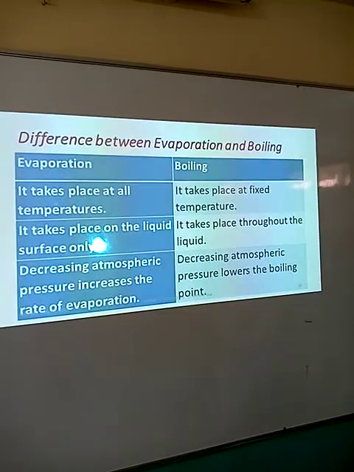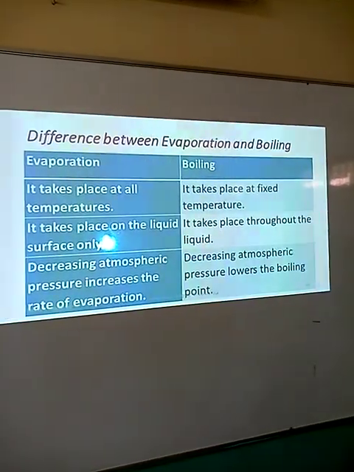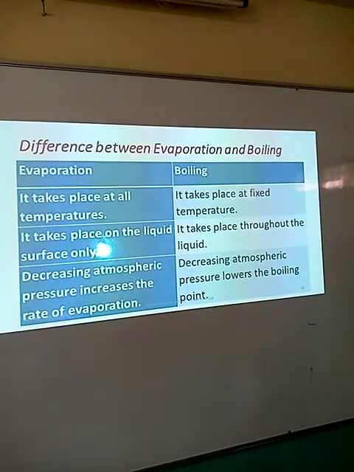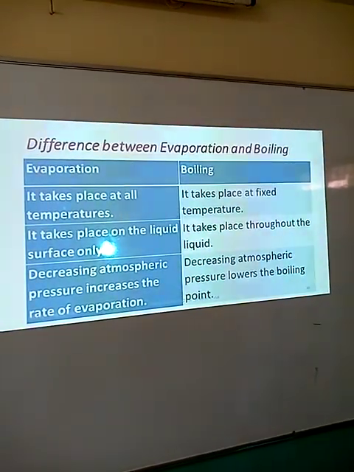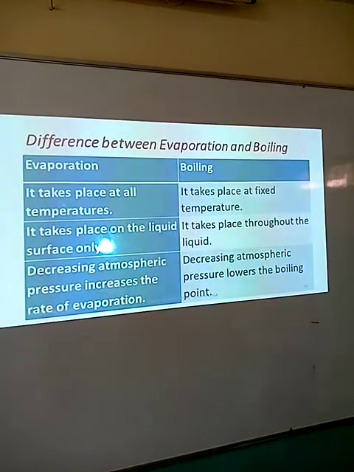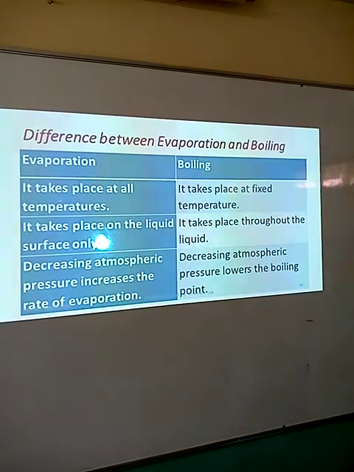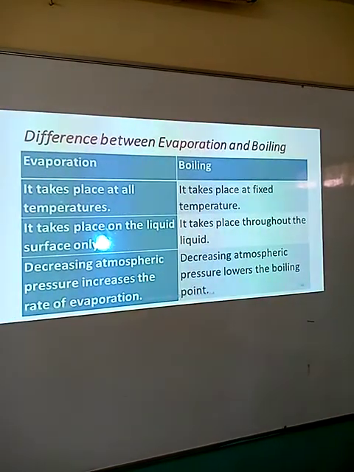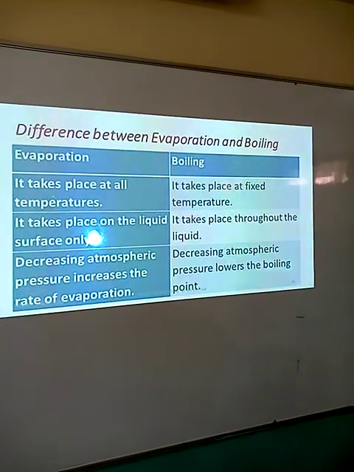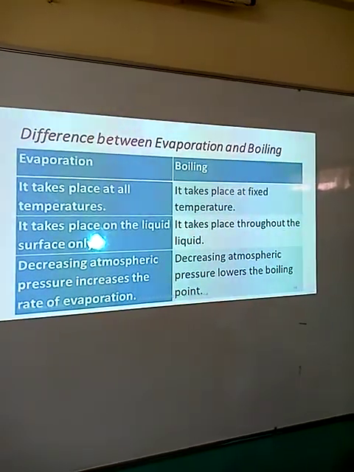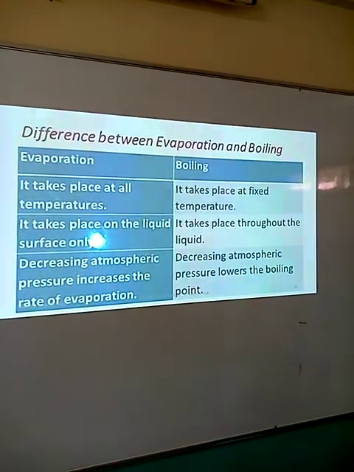If you recall what we studied in Form 1 under boiling, when we test boiling water by putting some potassium permanganate in the water, then it is boiled, the potassium permanganate is seen to be moving in a direction that is almost throughout the liquid, what we call the convectional currents.